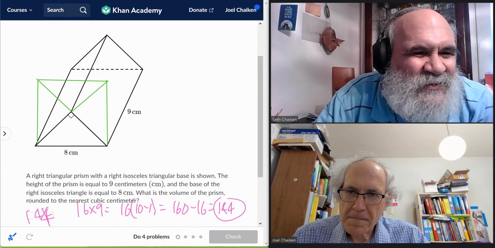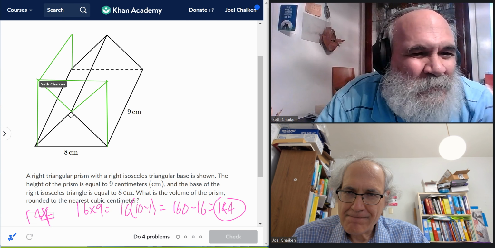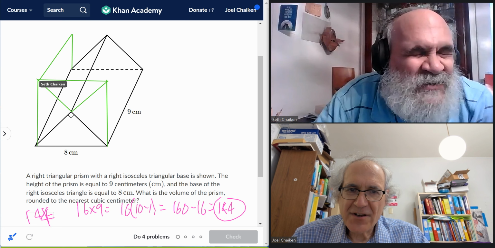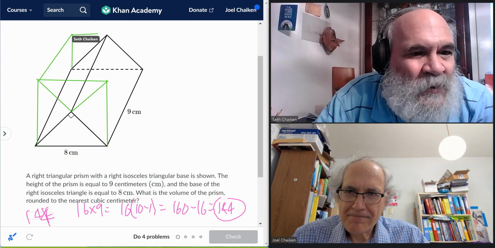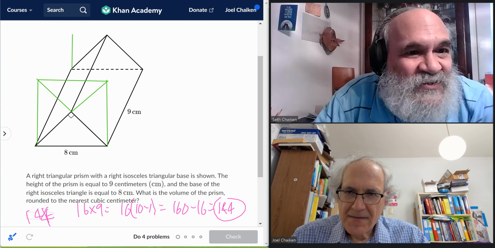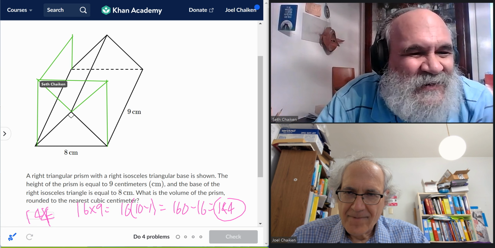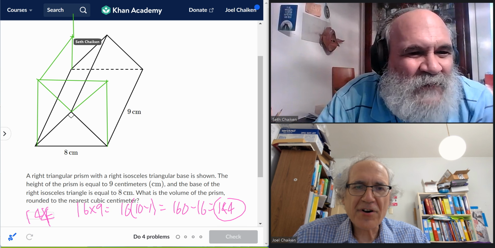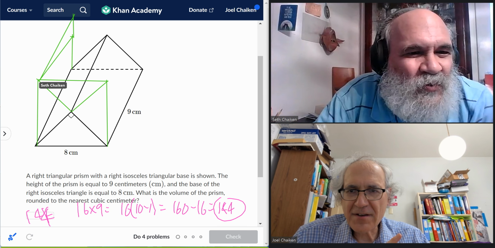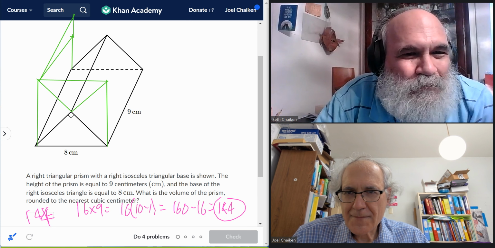Let's see, how do we do this? Yeah, same thing. Imagine the nice straight prism lines. Imagine this prism were encased in a square box, like that.